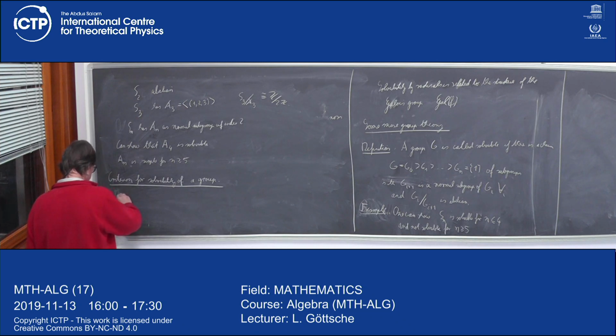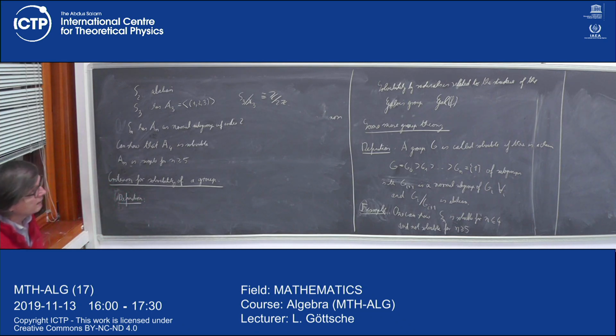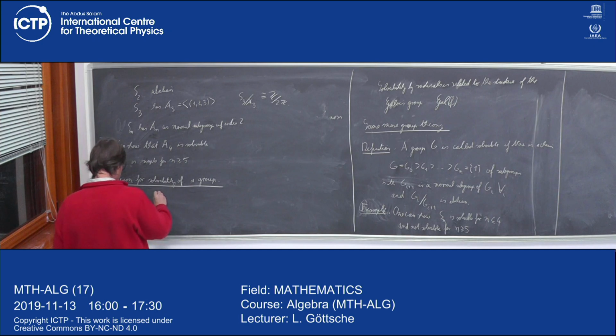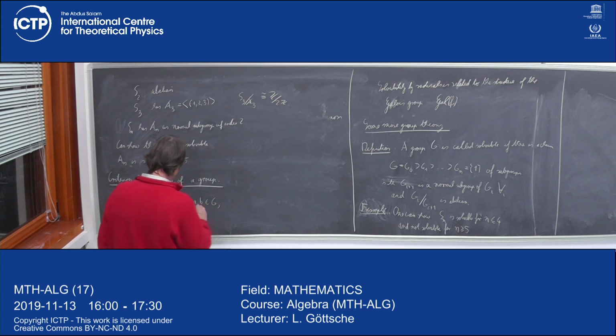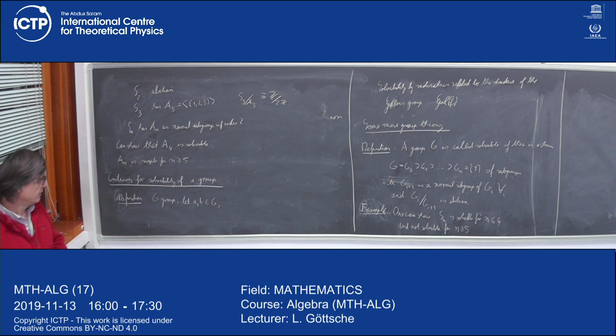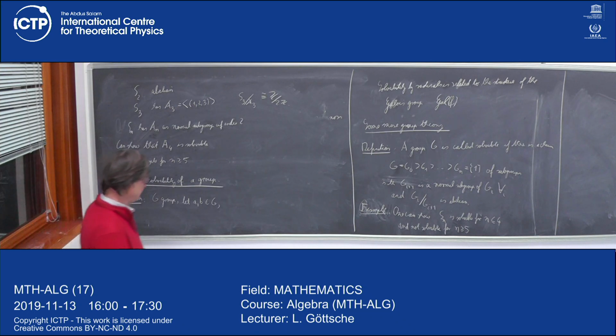So we have the following definition. Again, G is a group, and assume I have two elements a, b in G. Then their commutator is, you multiply first the product of the inverses, and then in the same order the product of the elements themselves.